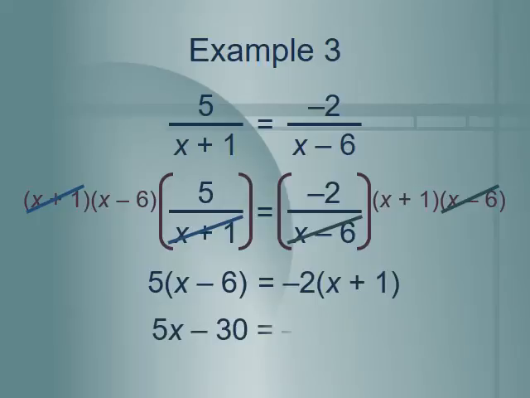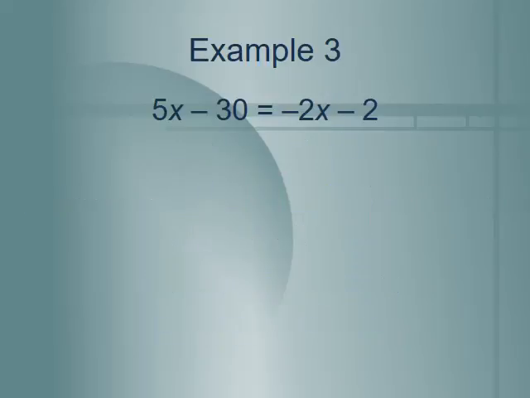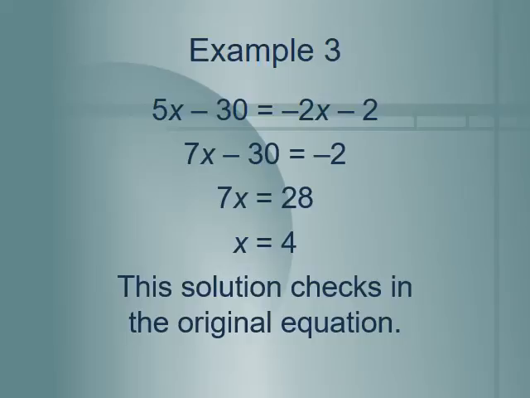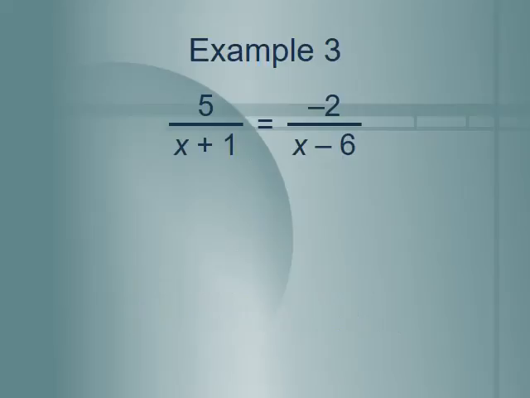We can distribute and start working on getting our x's on one side and our numbers on the other side. And we're going to go ahead and add our 30. 7x equals 28. When we divide, we get x equals 4. And whenever we put this back into the original equation, we're not going to take the time to do it right now, but it does check out.